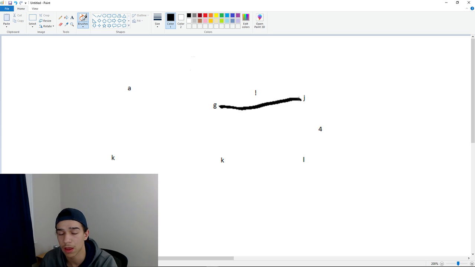So we have edge 1 and edge 4. Edge 1 and edge 4 are related to each other, making them incident because they are sharing a vertex at J there.